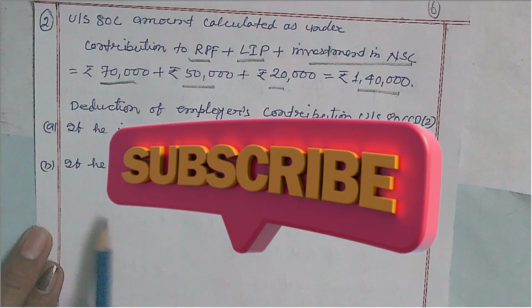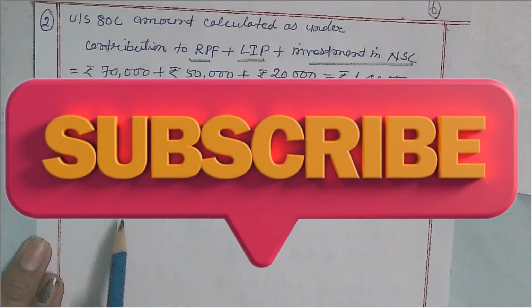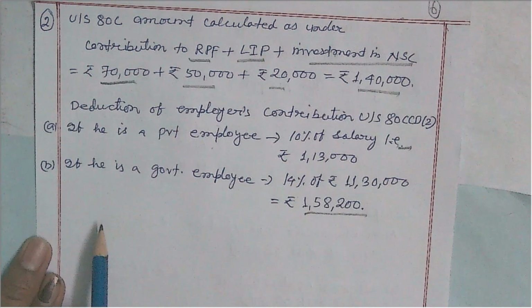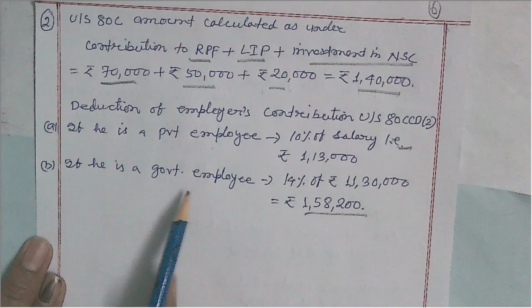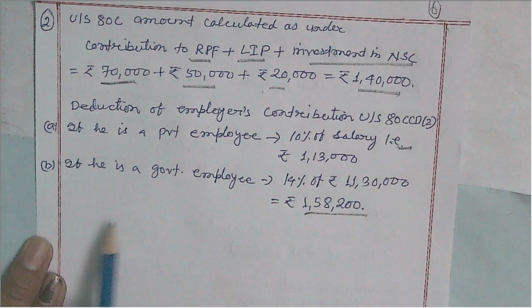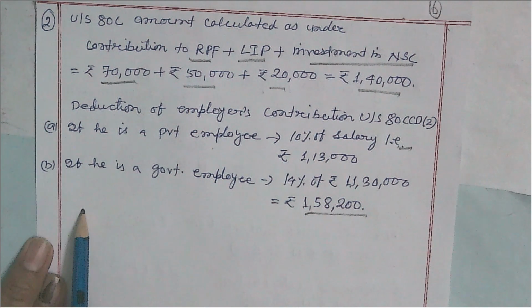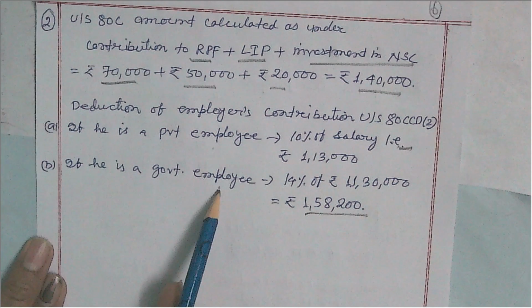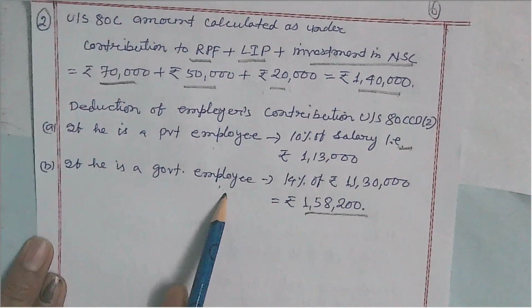If he is a government employee, it is 14% of salary, that is 1,58,200. So this solution is prepared taking the employee as a private employee, private sector. Now I am giving you for your practice: if the employee is a government employee, then what will be his taxable income.